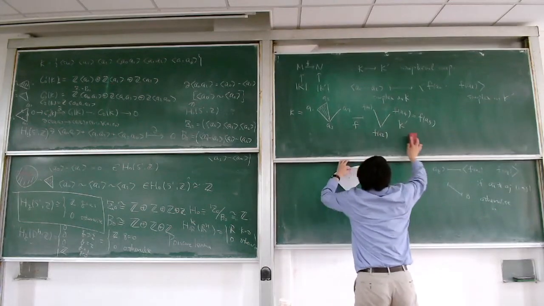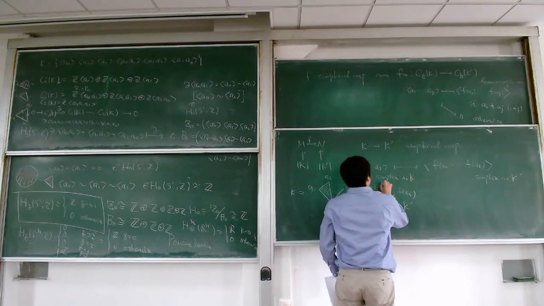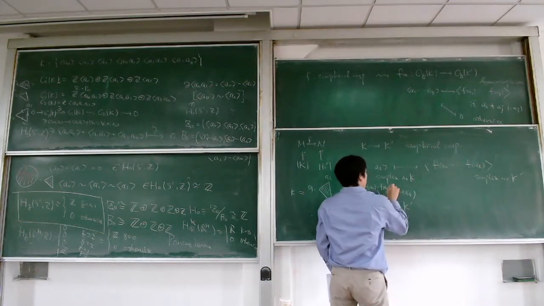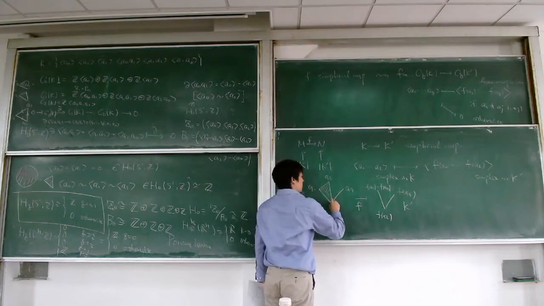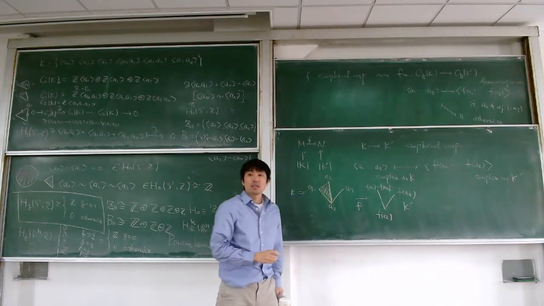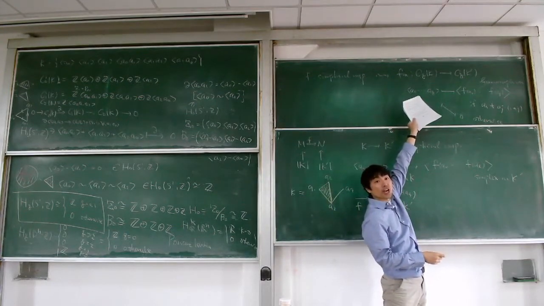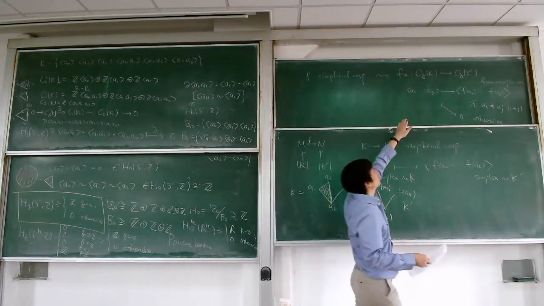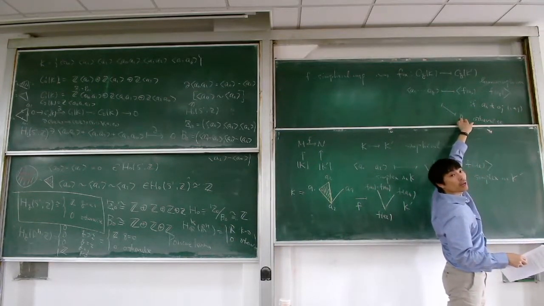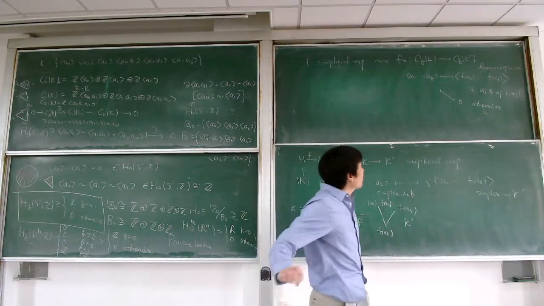So this one is a simplicial map, F3. This two-simplex is mapped to this one. So as a homomorphism between chain groups, this yellow is mapped to this yellow, and this simplex is mapped to 0.